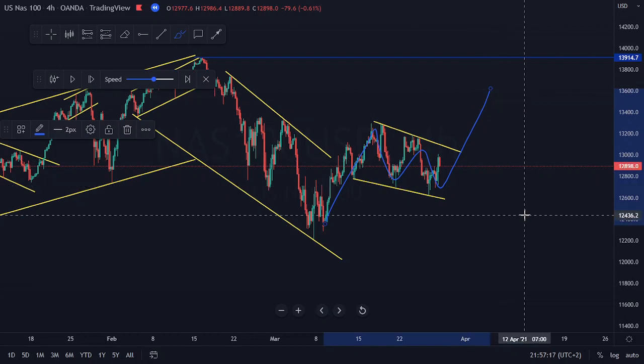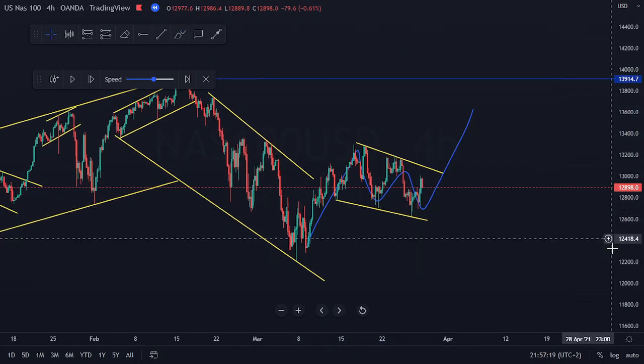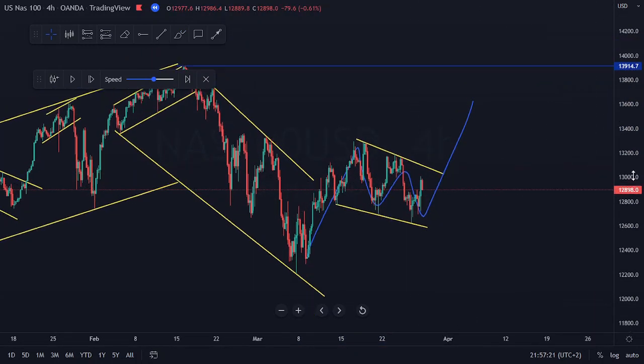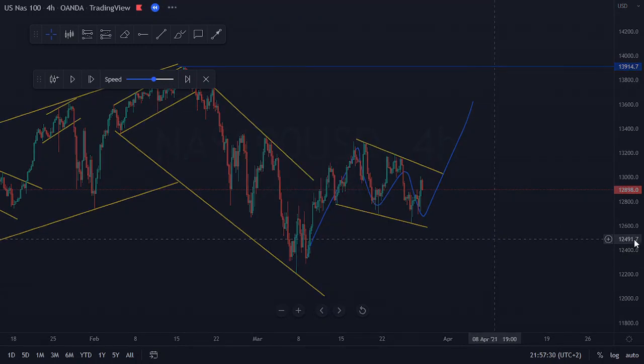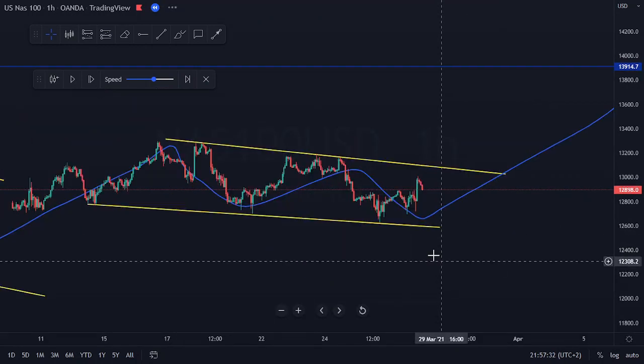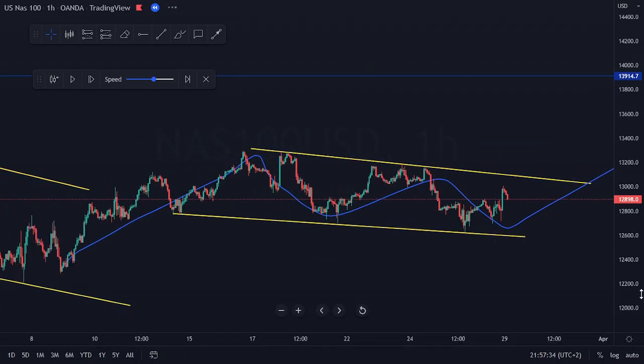We are looking for the impulsive move to the upside. Because we can clearly decode that that's what the market is trying to do, we go to the 1 hour to look for our entry level. Now I'll show you how to pinpoint even better entries, for you to enter before it even breaks out.